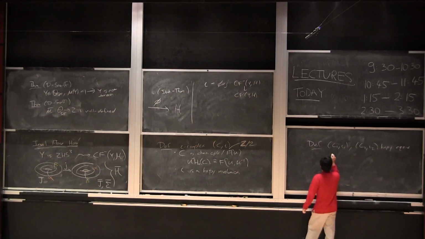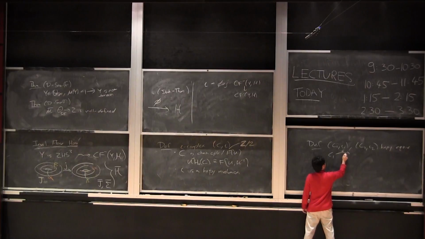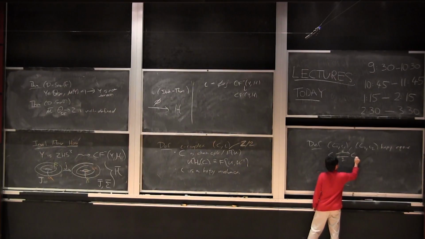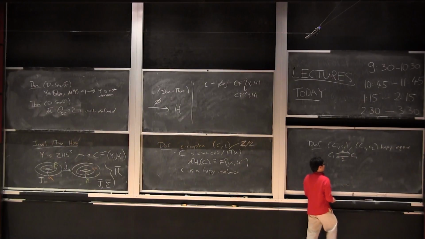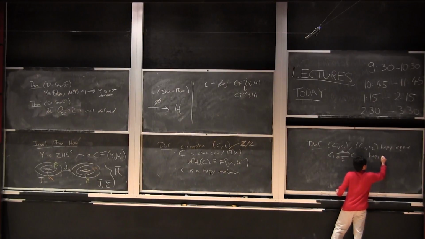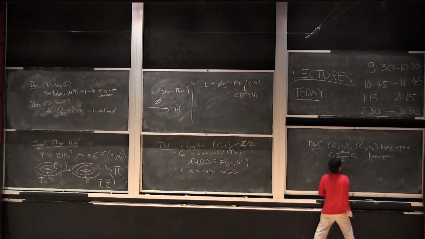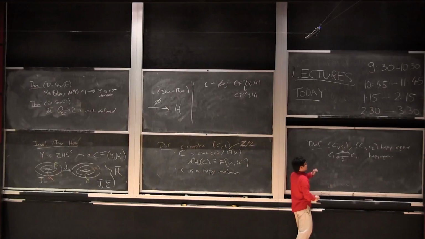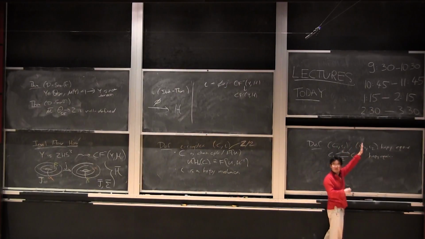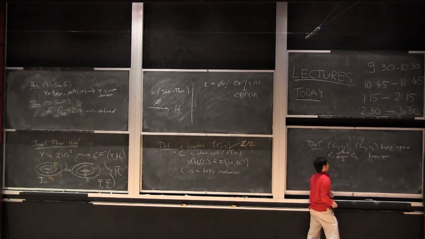That just means that C1 and C2 are homotopy equivalent in the usual sense, where I have chain homotopy equivalences between them. But I require that these chain maps commute with the iota maps up to homotopy. They have to play nice with the iota maps. And so the condition is like this.